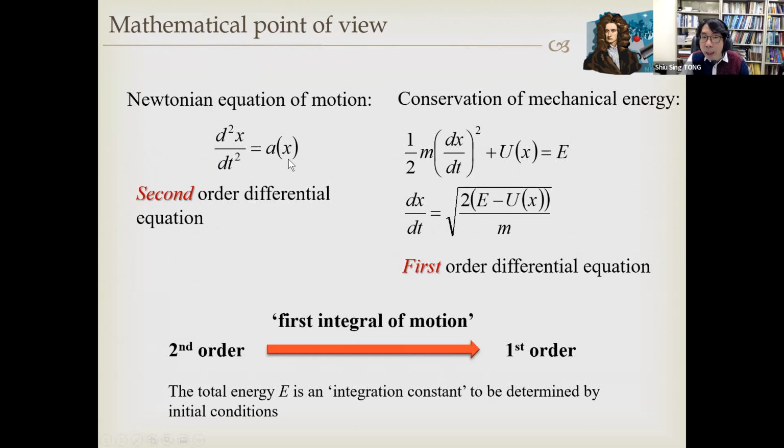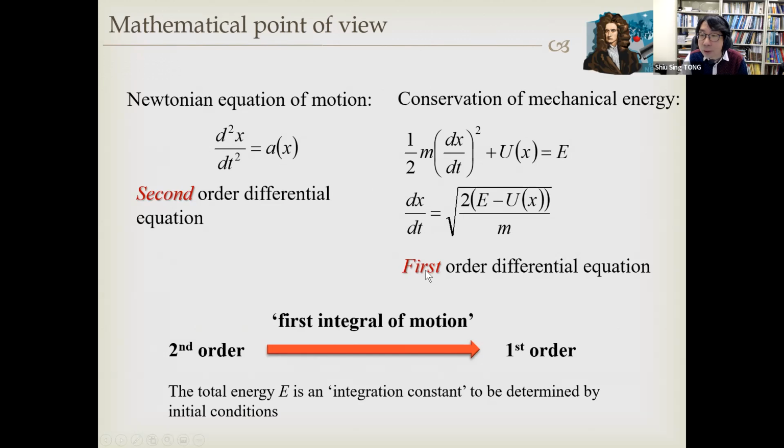Now you can compare the equation of motion in these two forms. On the left-hand side, if you start with Newton's second law, you have a second order differential equation. You have to solve for x from a second order equation, which involves the second derivative of x with respect to time. But for the energy formulation, you notice that you still have a differential equation because the left-hand side is dx/dt.